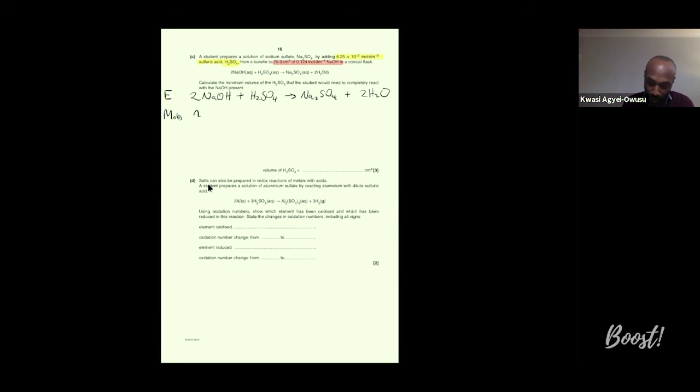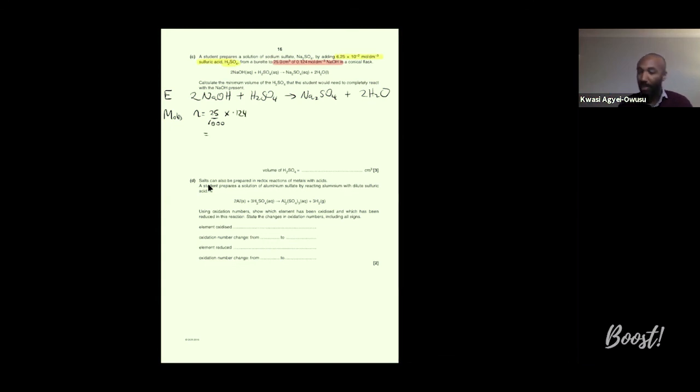Okay, so moles is equal to our volume in dm cubed, 25 over 1,000, multiplied by the concentration, 0.124.